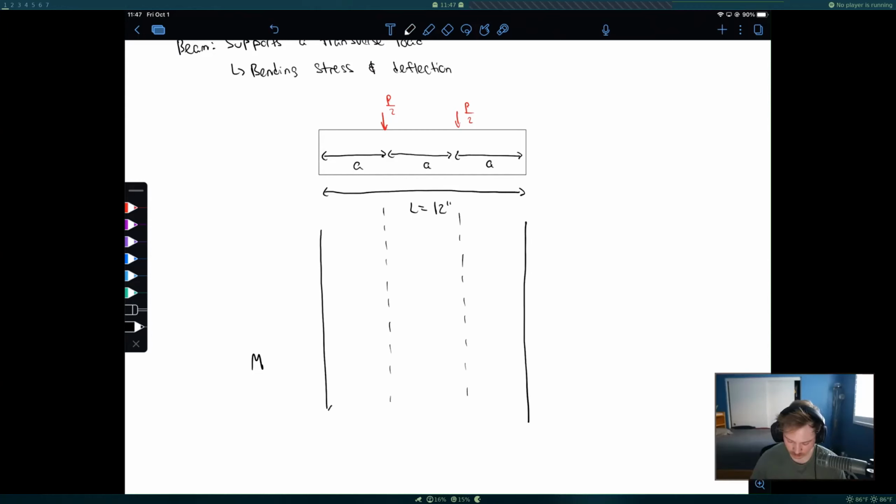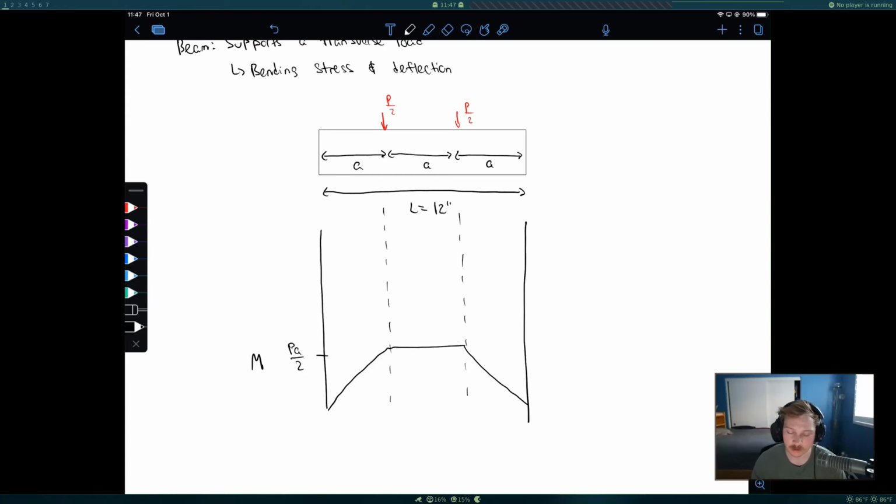So the moment diagram will look like this, and our maximum moment here is going to be P, which is the load, multiplied by A divided by 2. Well, P divided by 2 is the load, and we multiply that by A, and that's our moment.